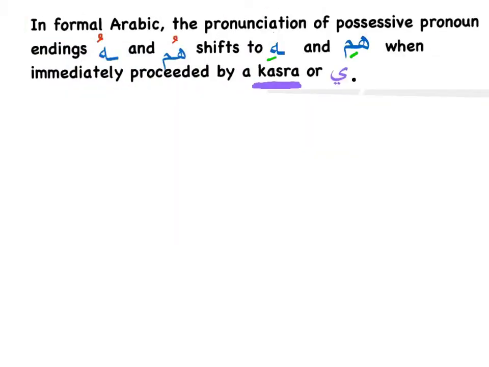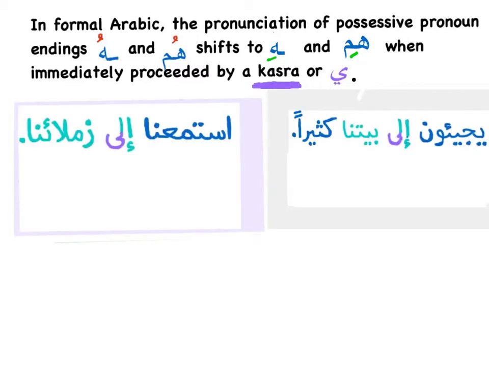In formal Arabic, the pronunciation of possessive pronoun endings who and hum shifts to he and him when immediately preceded by a kasra or a ya. Example. So the examples we got here are يجيئون إلى بيتنا كثيرا and استمعنا إلى زملائنا. يجيئون إلى بيتنا means they come to our home often, a lot, and استمعنا إلى زملائنا, we listen to our colleagues.